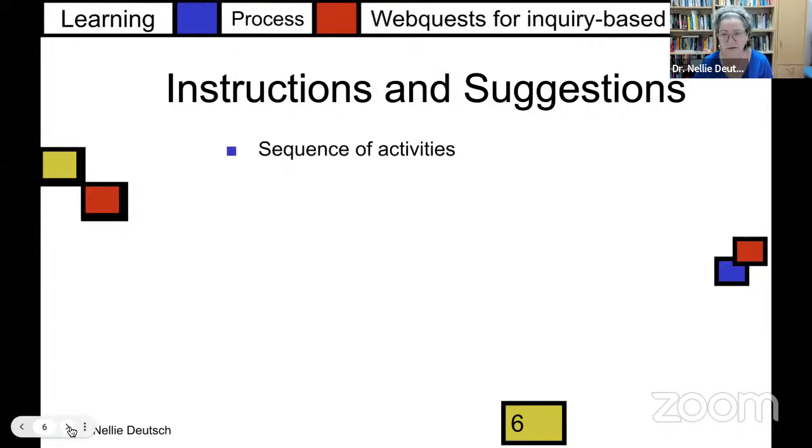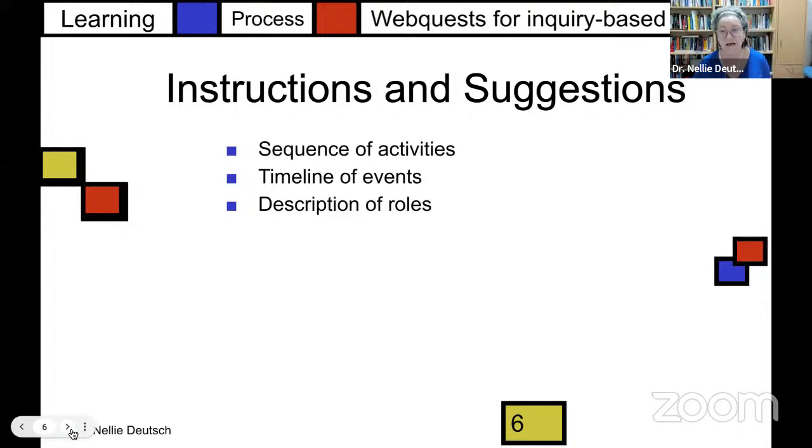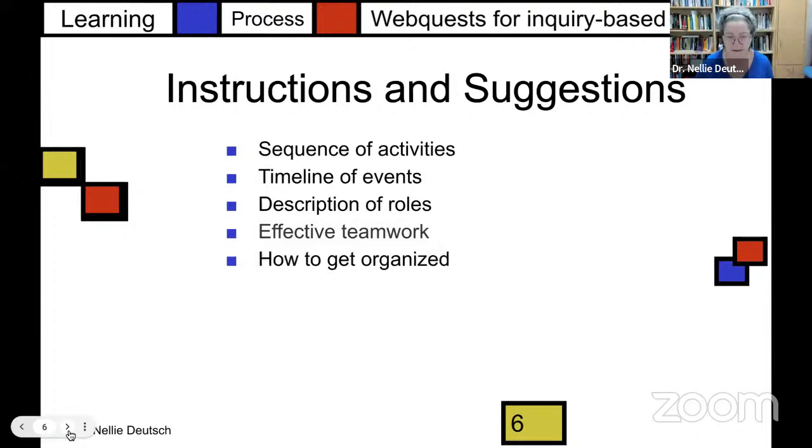Now, the instructions are a sequence of activities that you go through, a timeline, which is very important to tell students how long they will have, and the roles that they will be taking. They'll have to choose which role they want, and how to work effectively on a team.